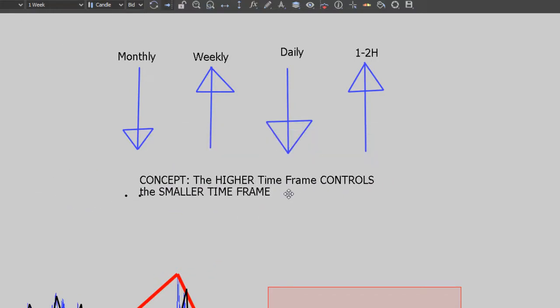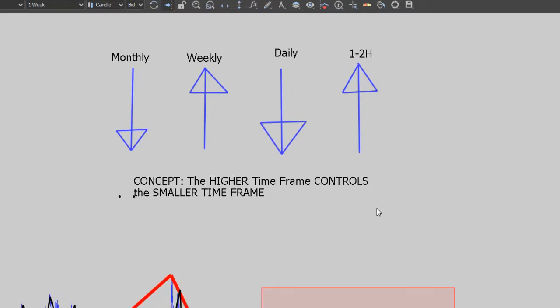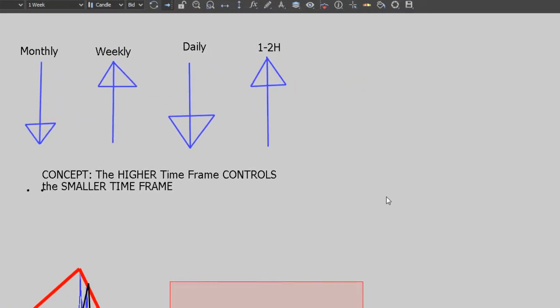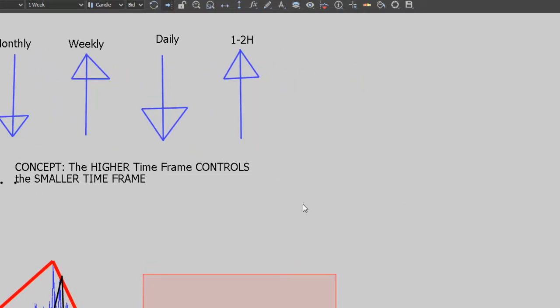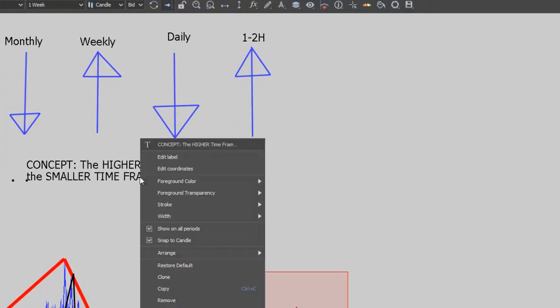Forex trading and analyzing concept. The higher time frame controls the smaller time frame. Okay, now what does this mean? We are not talking about trading, we are talking about market direction.